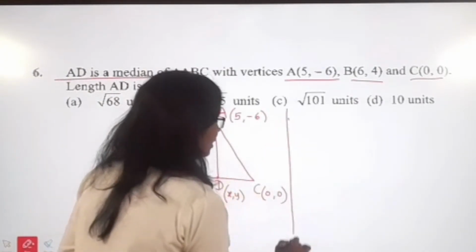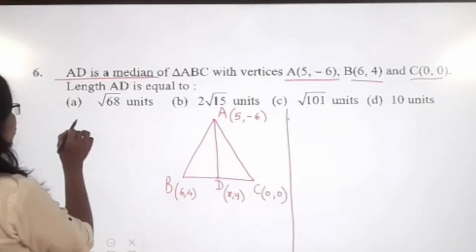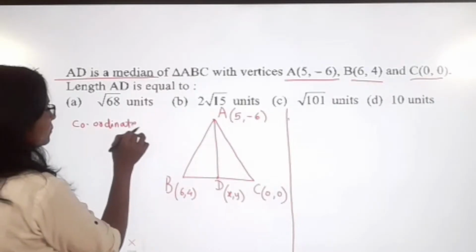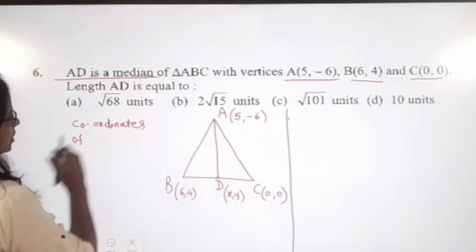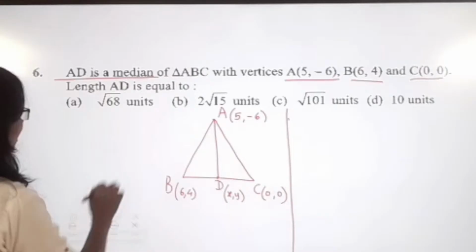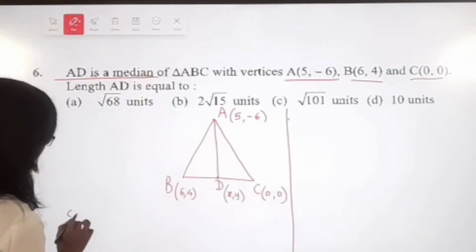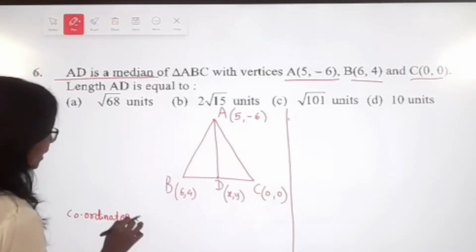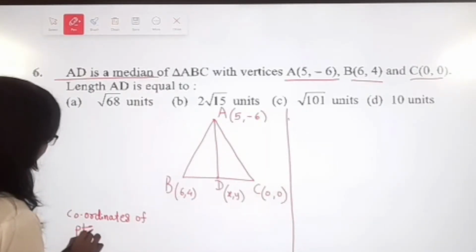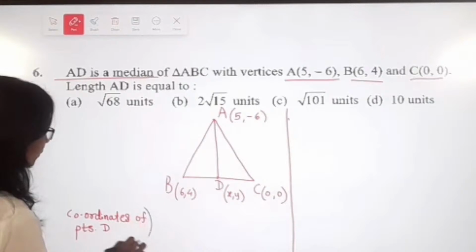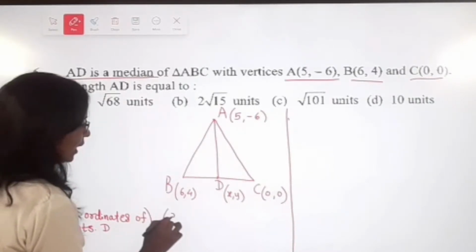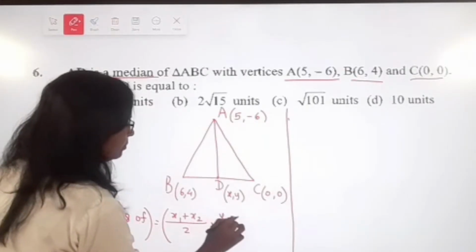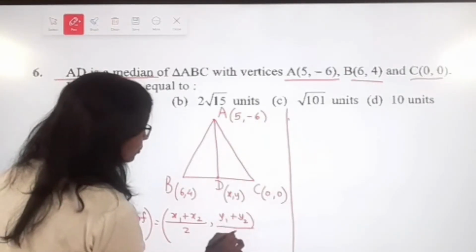Then here, first we write down the coordinates of point D is equal to ((x1 plus x2) upon 2, (y1 plus y2) upon 2).